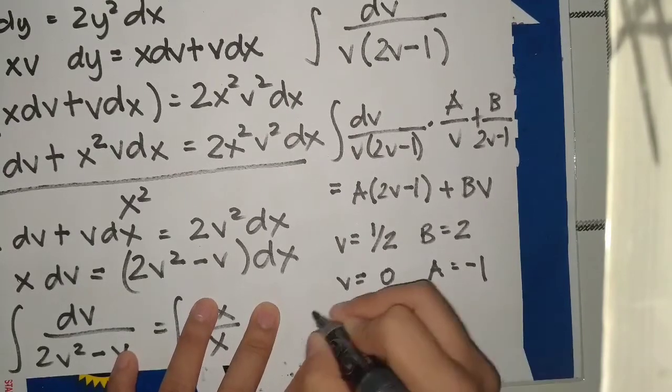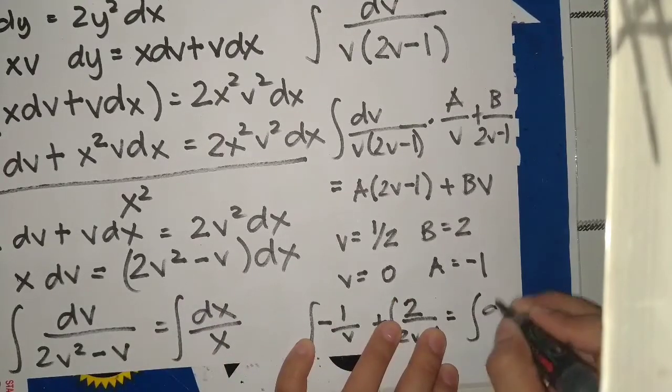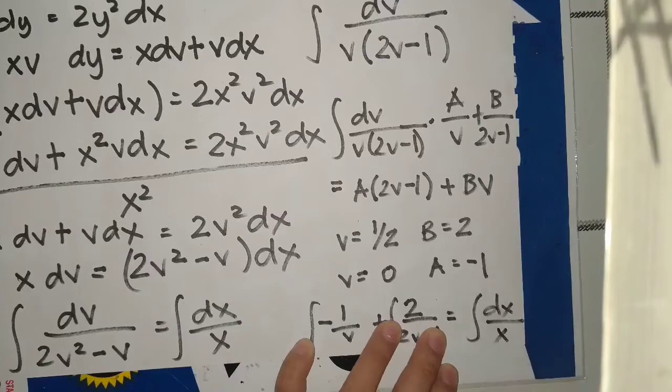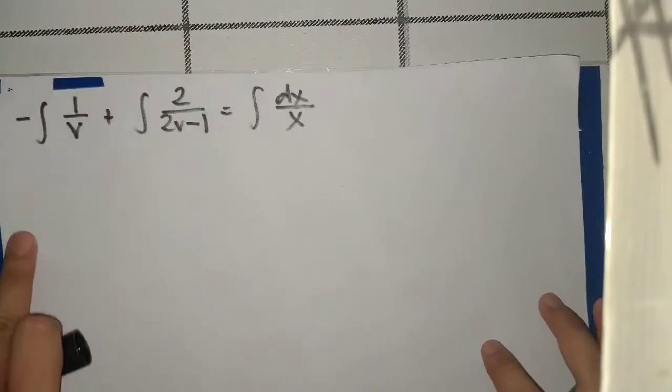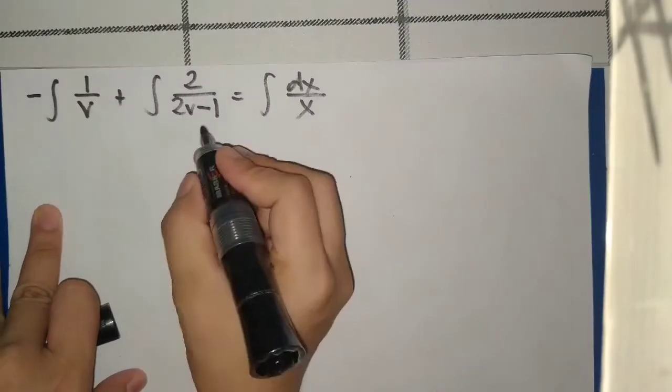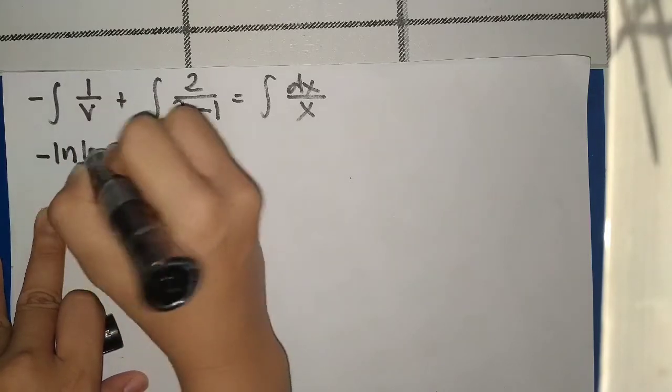So we will obtain -1 over v plus 2 over 2v minus 1, and then we have another one outside the equal sign, the integral of dv over v.